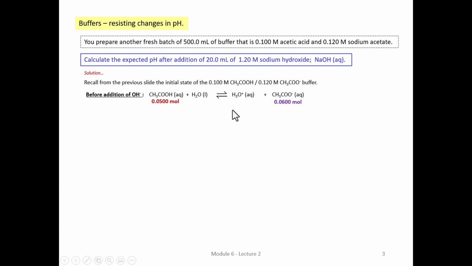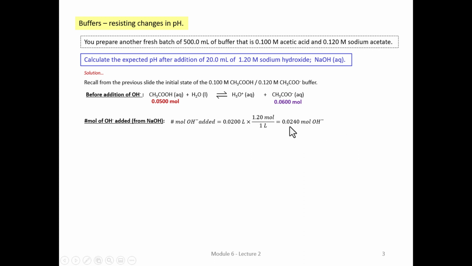Recall from the previous slide that the initial state of this buffer can be written this way. And now this would be before addition of any hydroxide. Let's calculate the number of moles of hydroxide added. Well, not surprisingly, it looks like the same number of moles as we added of hydrogen ion because we had the same volume and concentration of a strong base this time.